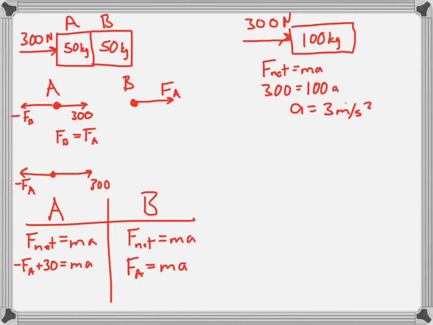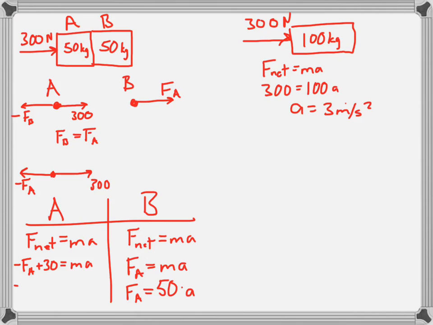So let's find out what that acceleration might be. Okay, so F_A over here for box B is equal to the mass of box B, which is 50 kilograms, times the acceleration that both boxes have. All right, so I can go ahead and replace this with 50 times a.